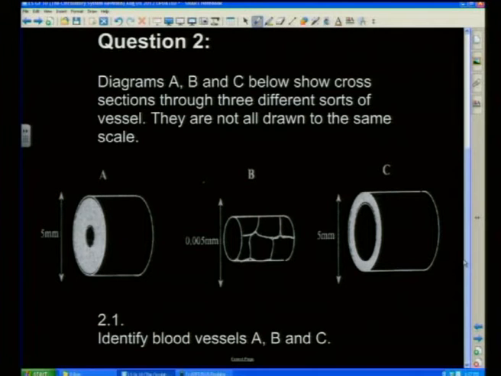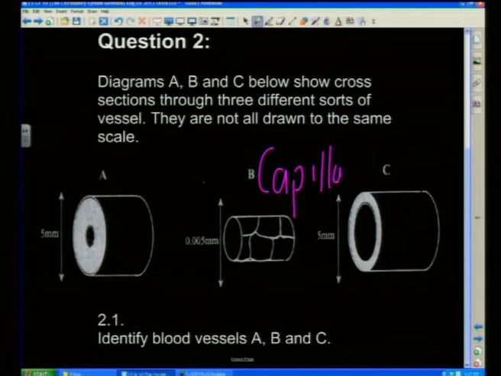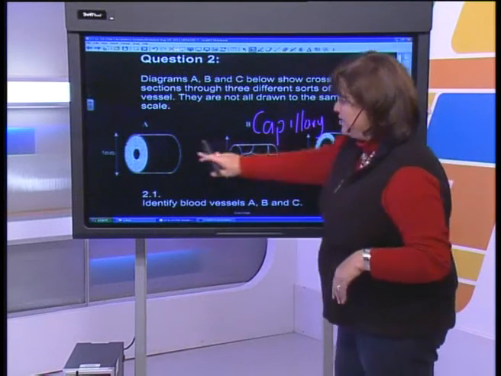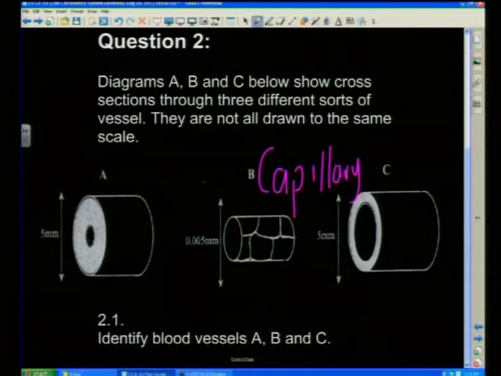I think when you look at it, the easiest one that you usually get is the capillary, and that would be number B. Single, very small. Here we've got 2 blood vessels that are very similar, also very similar in measurement.